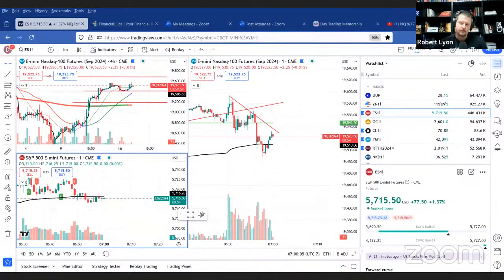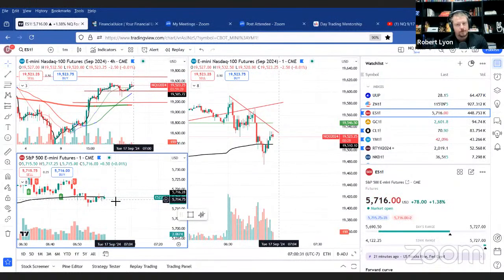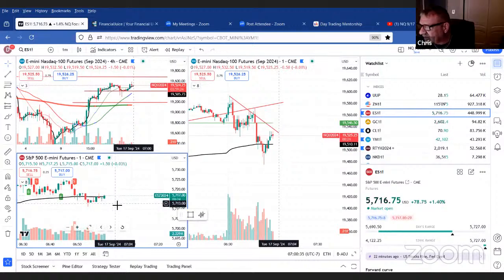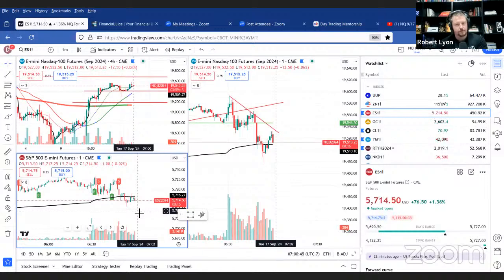Nope, didn't do anything. Cool. Now it's still just sideways and choppy. Oh dang, there we go. Now we got some action.